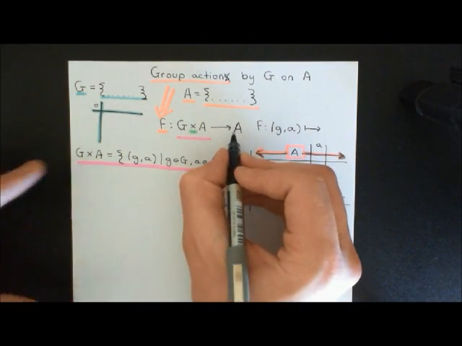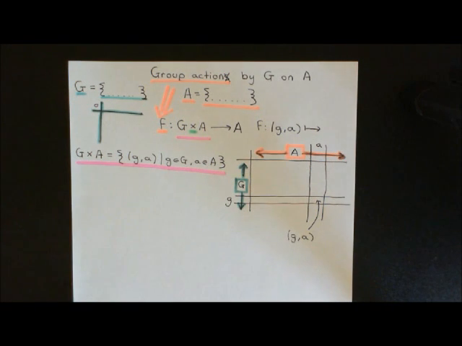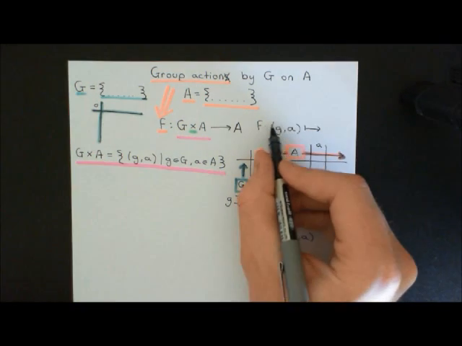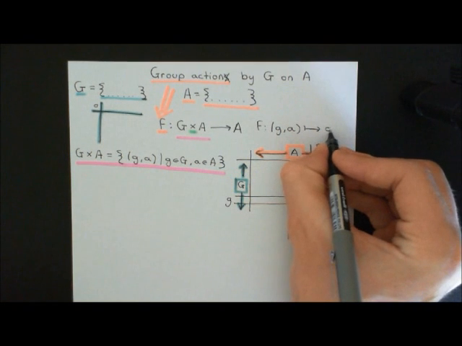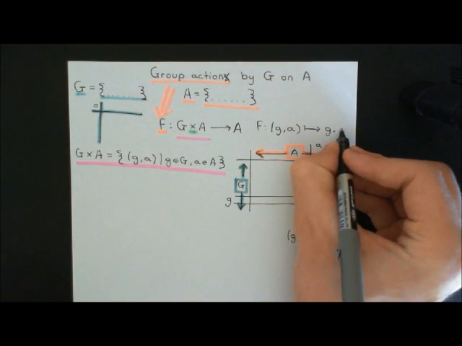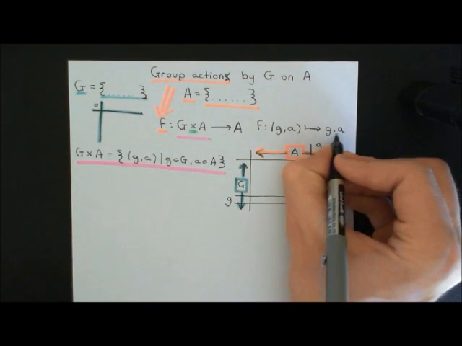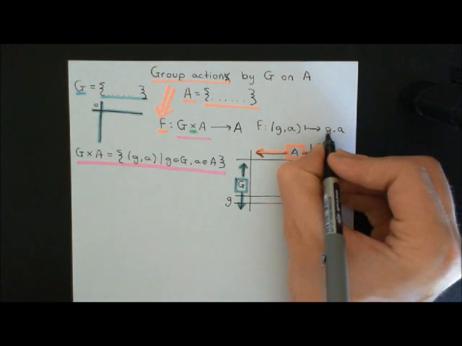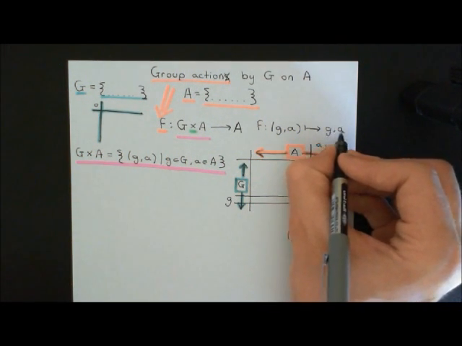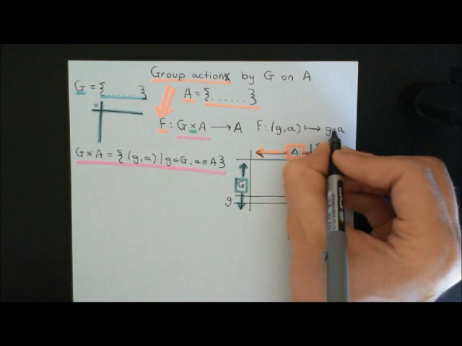We have a piece of notation which we're going to be using all over the place in this video, so I might as well introduce you to it now. The element that this ordered pair will be mapped onto, we're going to call g dot a, and you put the dot towards the bottom, so it's in between the two elements but not in the middle.